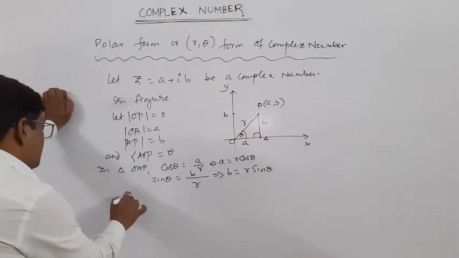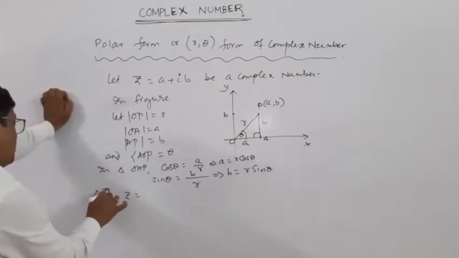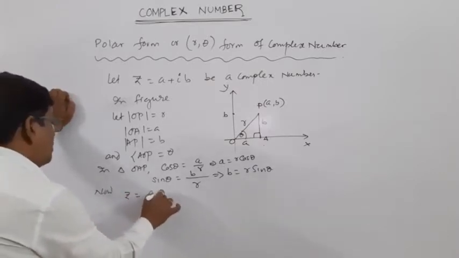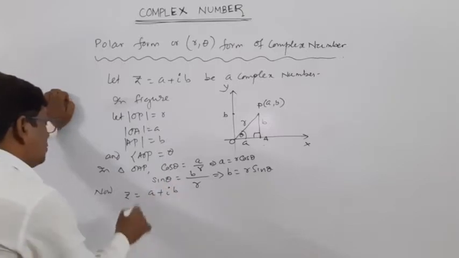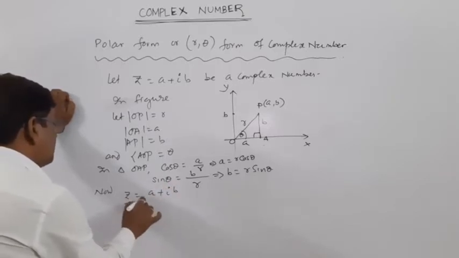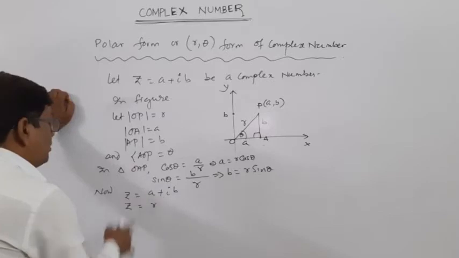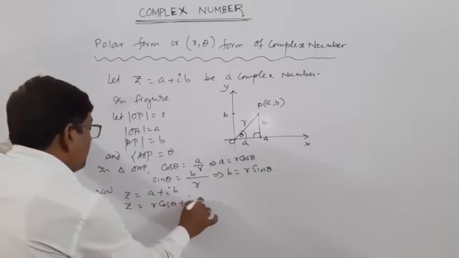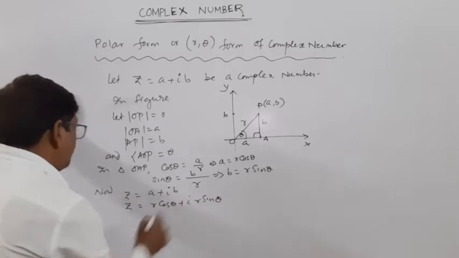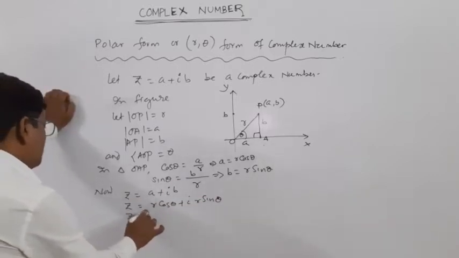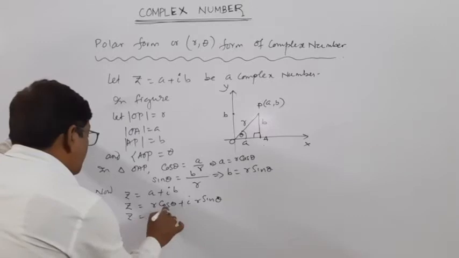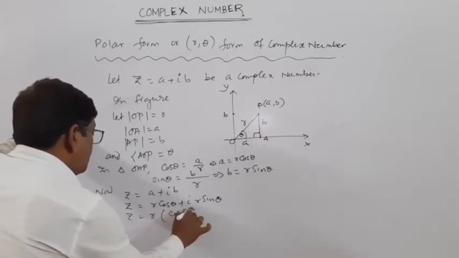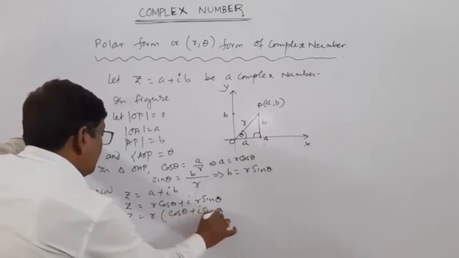Now Z is equal to what? Now Z is equal to A plus IB. So what is value of Z? Z is equal to value of A, that is R cos theta, plus I into R sin theta. Now Z is equal to R common here, cos theta plus I sin theta.